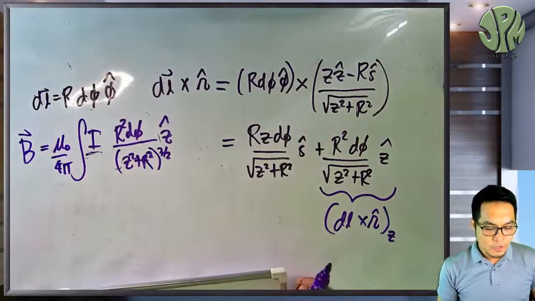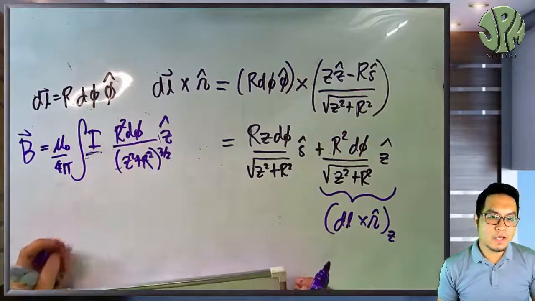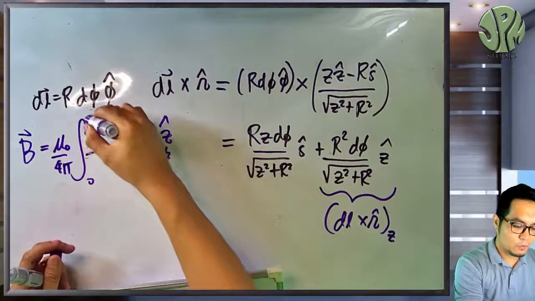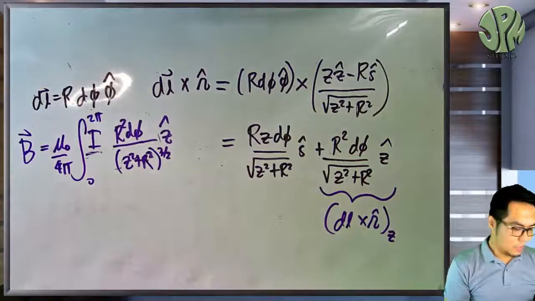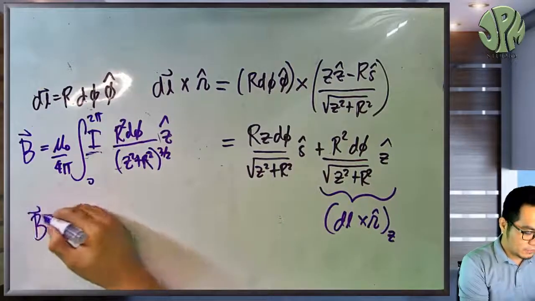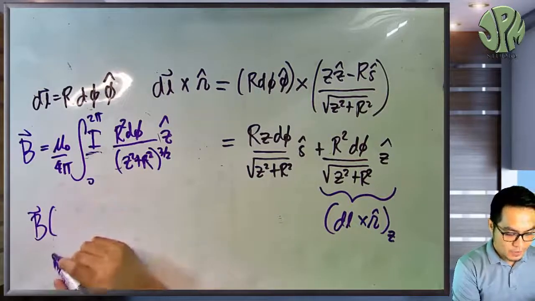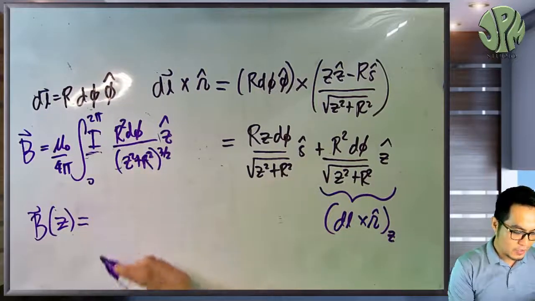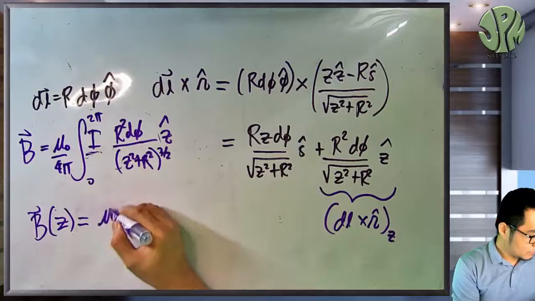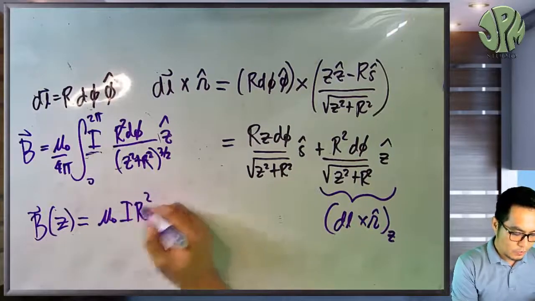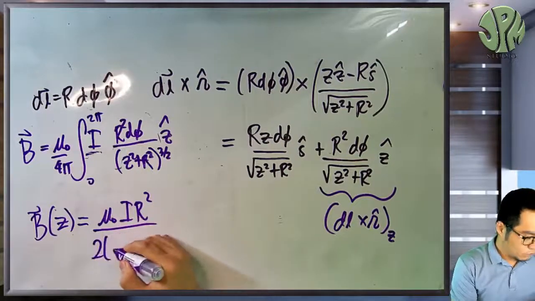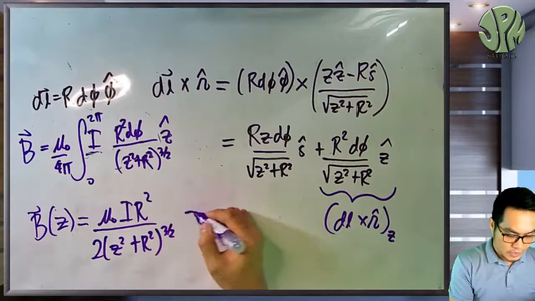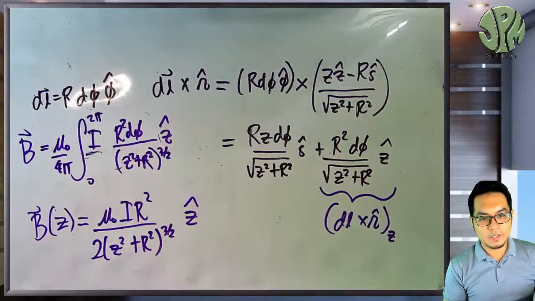Okay, so you will notice there's only one differential element, dφ, and dφ is evaluated from 0 to 2π. So you will get that the magnetic field only depends on z, only one cylindrical coordinate here. It's μ naught I R squared over 2 times z squared plus R squared to the 3 halves, and the direction is z.